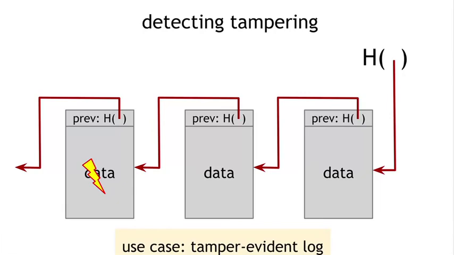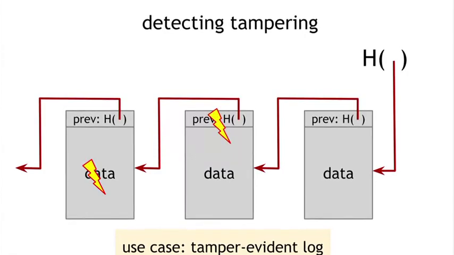Because the hash function is collision-free, the hash of this block must now be different. And so we could detect the inconsistency between this data and the hash pointer that we remembered before, unless the adversary also tampers with the hash pointer. If he tampers with this hash pointer, then he makes these two match up.